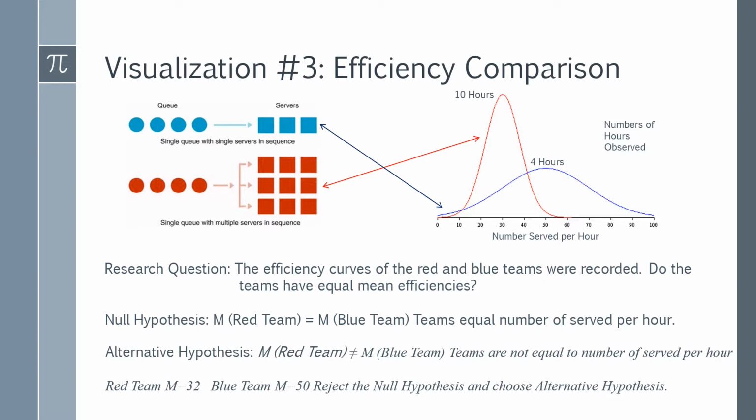So to begin with, the mean of the red team, which is the center point of the red bell curve, is roughly about 32, and the center of the blue bell curve is roughly 50. So here I would reject the null hypothesis and choose the alternative because the blue team is more than the red team. They are not equal.